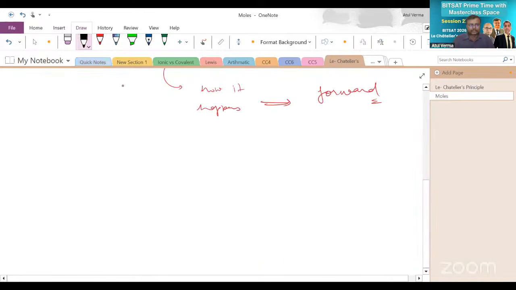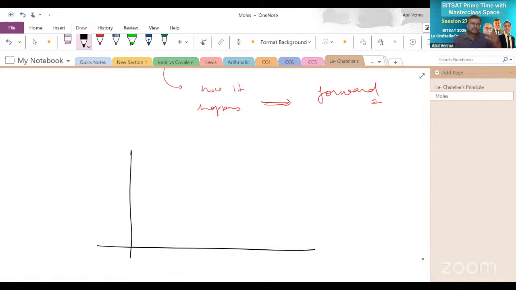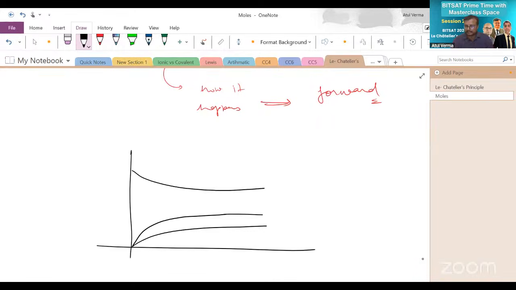What you need to understand, friends, is that the situation is something like this. Suppose you had A and B. This was the concentration of A, this was the concentration of B, and say this was the concentration of A2B. Consider this as an example. Equilibrium has been reached.